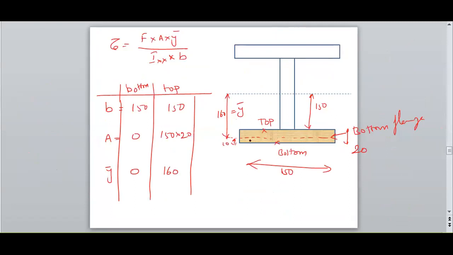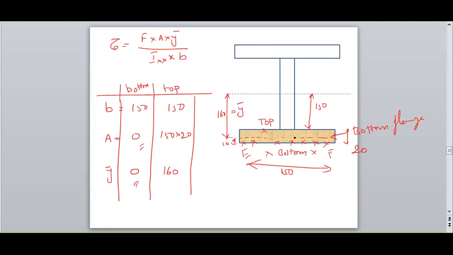So now the line EF is here. There will not be any shaded area under this line. Therefore, the area is 0, and the Y bar is also 0.